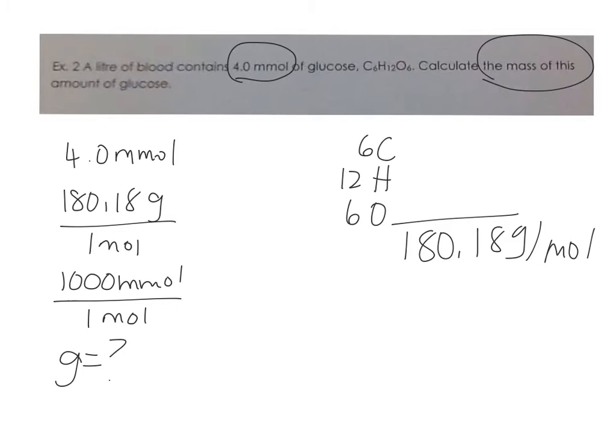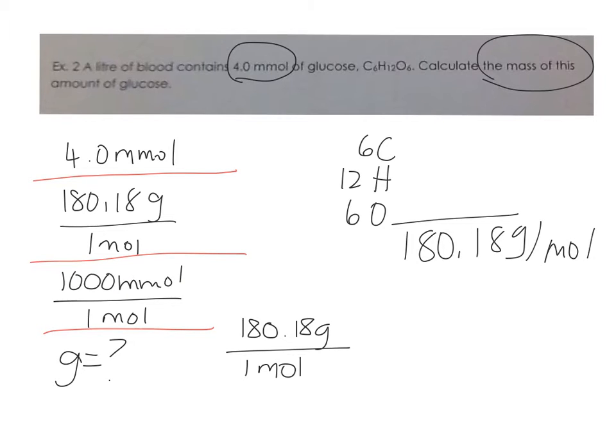So I've got 3 values: 4.0 millimoles, my molar mass, and my ratio. My answer has to contain grams. So the first one of those 3 values I pick has to have grams in it, and it has to be on the top. So I have to pick my molar mass. So I'm going to take 180.18 grams over 1 mole.